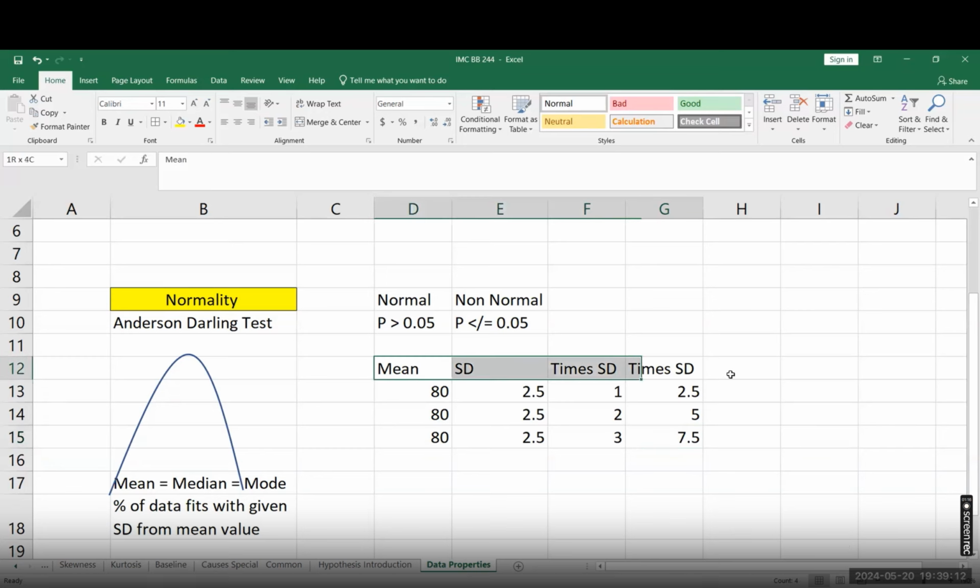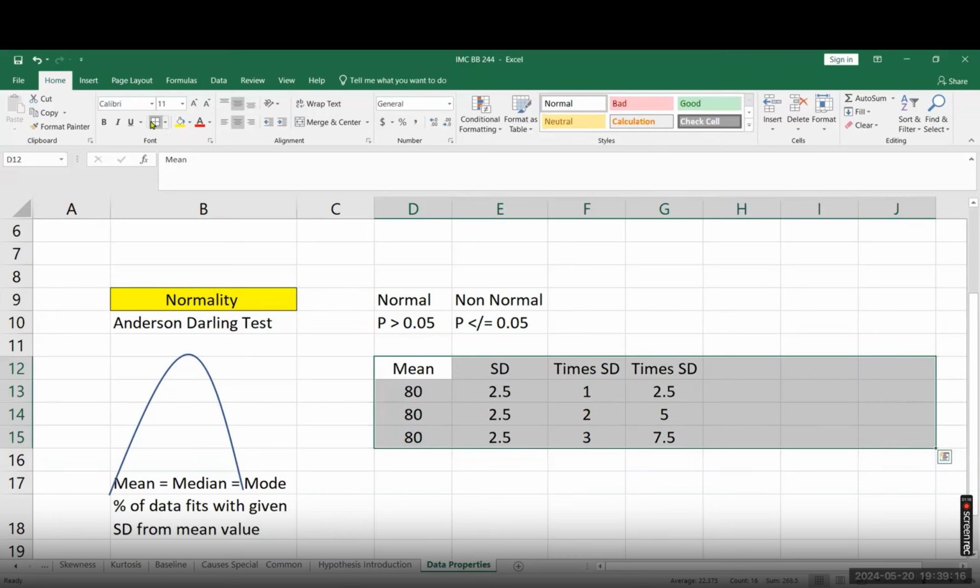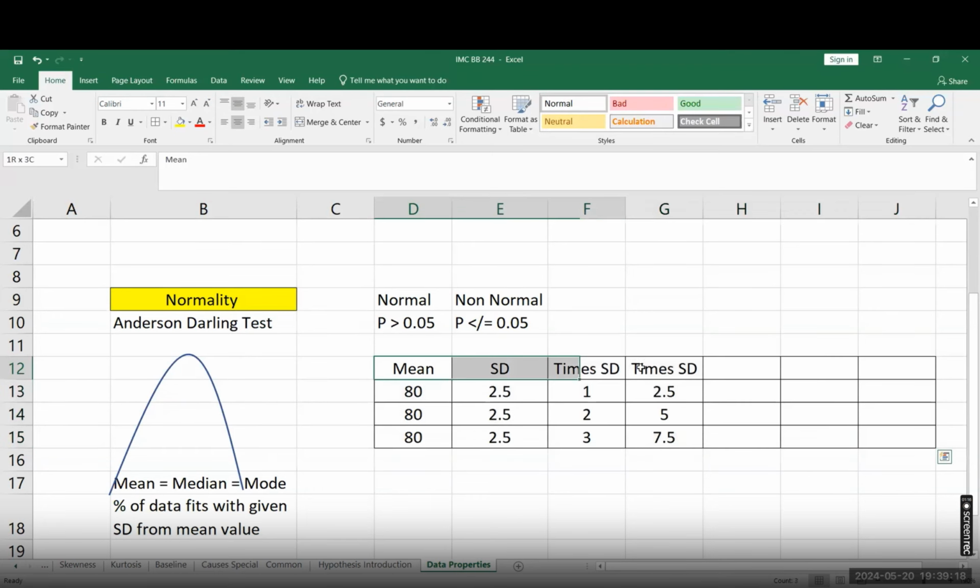Based on this, we find out the lower range from the mean and the upper range from the mean value. So the lower value is the mean value minus 1 time of standard deviation, or mean value minus 2 times or 3 times of standard deviation.